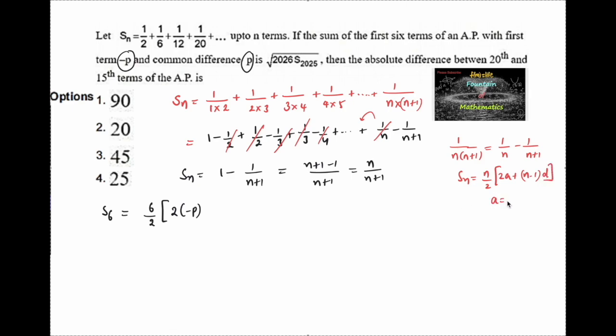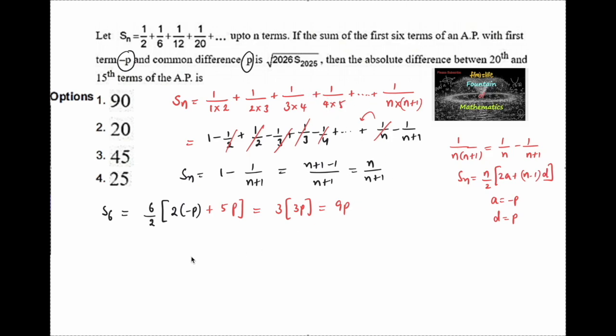So here a is equal to negative p and common difference d is equal to p. So plus n minus 1, that is n is equal to 6. So we can add 6 minus 1, 5 into p, which is equal to 3 times of 5p minus 2p, is 3p, which is equal to 9p.